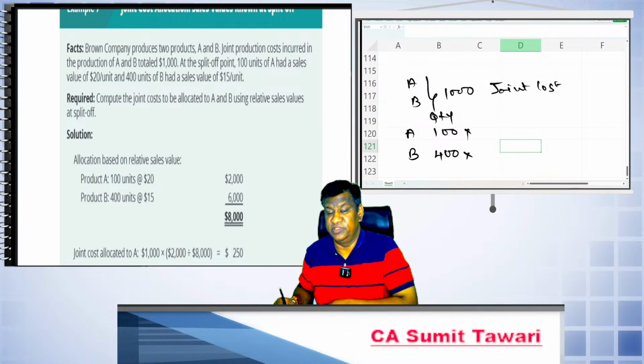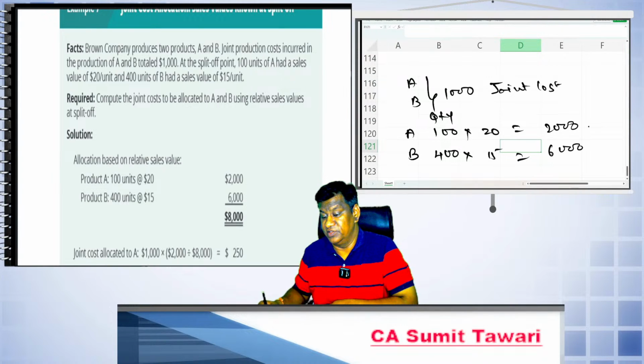And here actually there is a different sell price at split off point. A has a sales value of $20, and B has a sales value of $15. So it is 2,000 and 6,000.